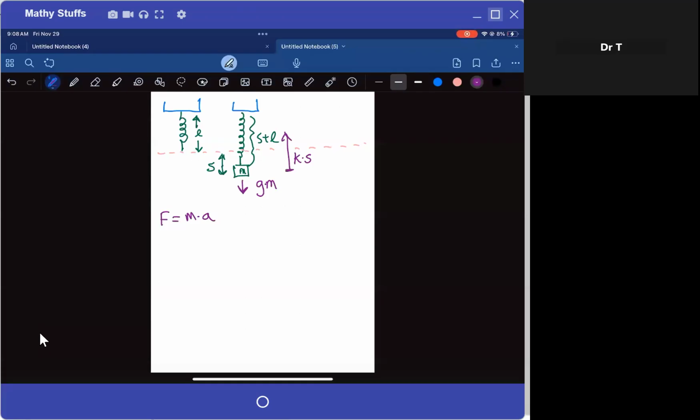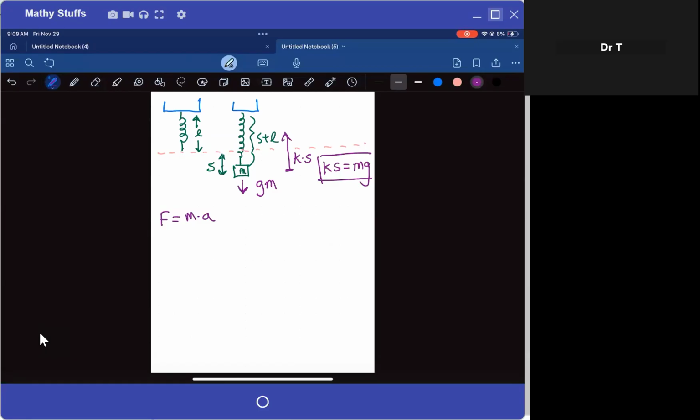Right now, this mass is still. It's just kind of floating there in the air. We're assuming there's no motion. And what we've got then is these forces in balance, so that KS equals mg. Let's denote that here and come back to it in just a few minutes.